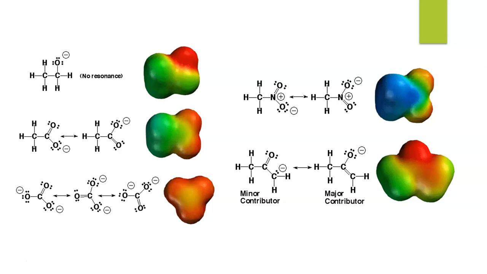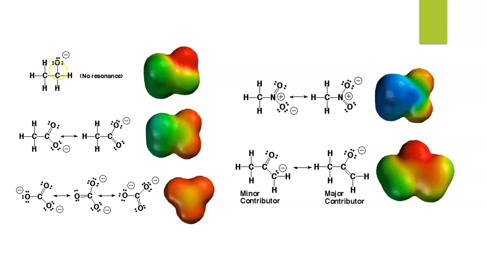If we have a look at this, when we're talking about main contributors, this is what we're talking about. If we have something like this anionic oxygen here, there's no resonance. There's no way for a double bond to occur with just the hydrogens here.